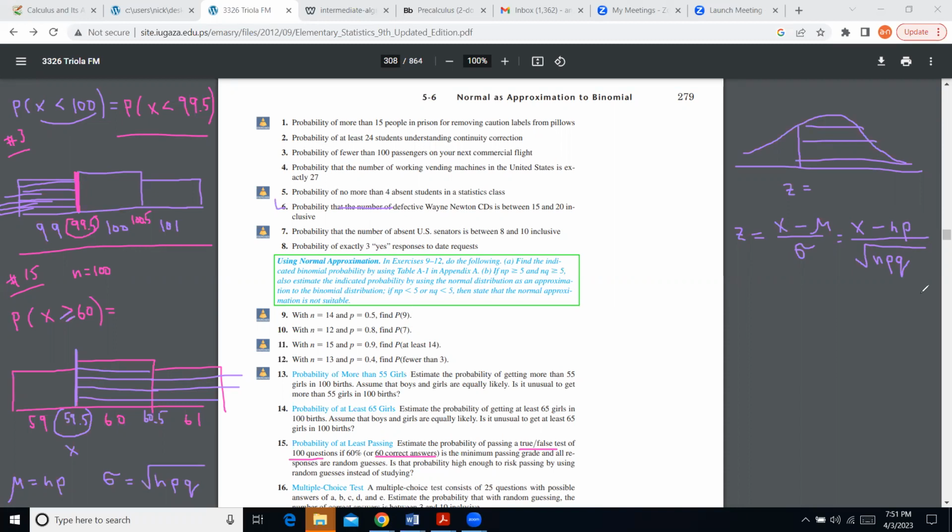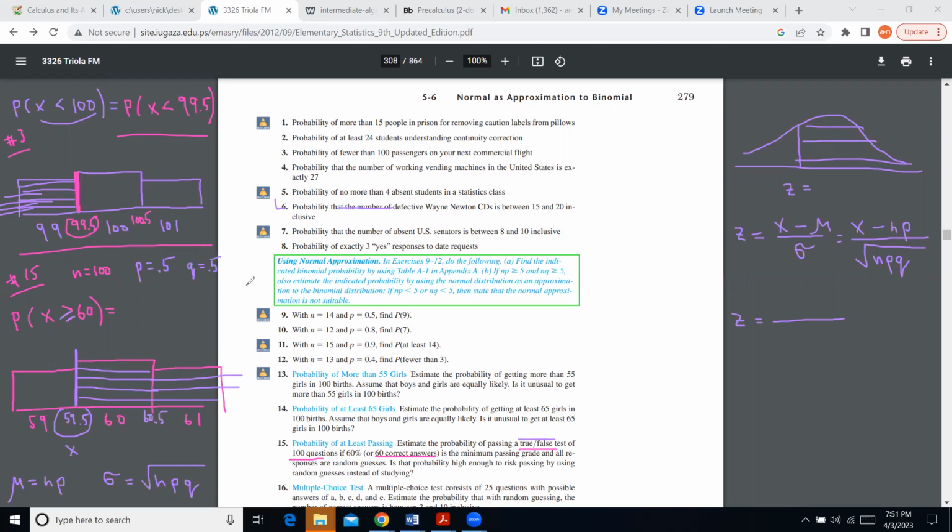So this way, I can actually get a z-score here, but the question is, what is p? And what is q? Well, in the case of a true-false test, it means 50-50, right? 50 percent chance that you guess right and 50 percent chance that you don't.